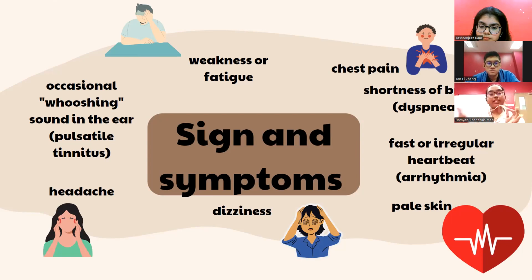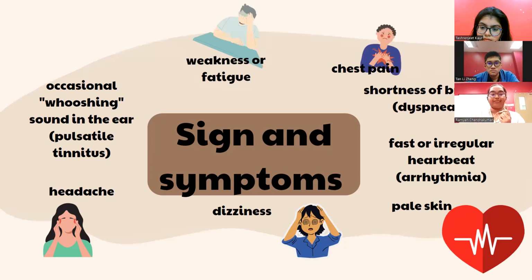So the common symptoms of other blood-related disorders such as anemia include weakness or fatigue, shortness of breath, fast or irregular heartbeat, occasional ringing sound in the ear, and then headache, dizziness, pale skin, and chest pain.